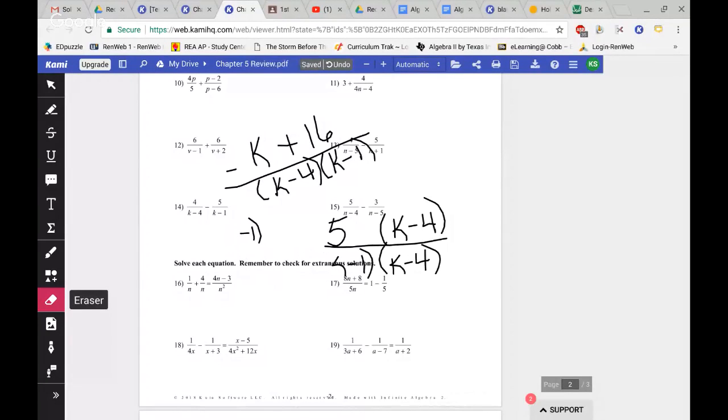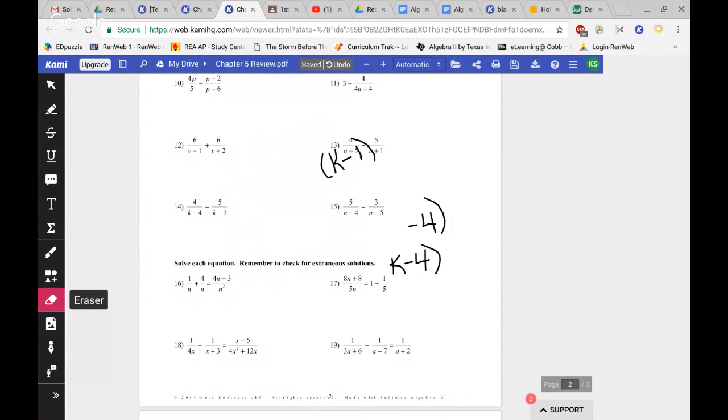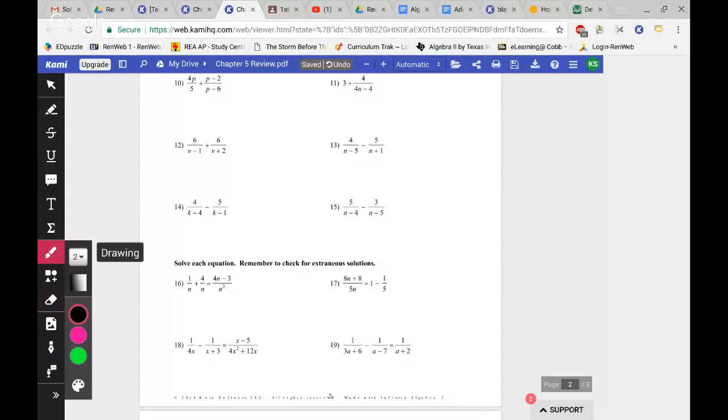All right, now number 13. Once again, both of those are in their lowest terms as far as factors are concerned. You've got an n minus 5 and an n plus 1, so that's as small as you can go. So the common denominator is going to be n minus 5 times n plus 1.